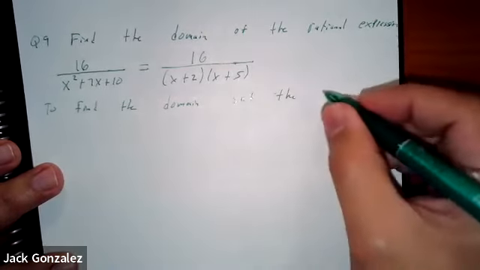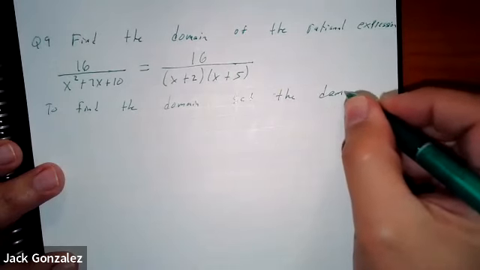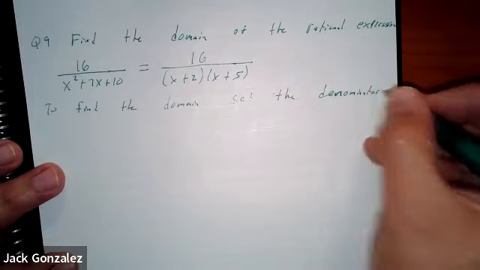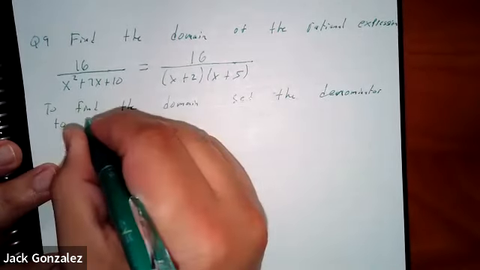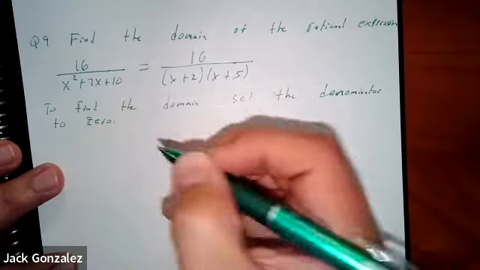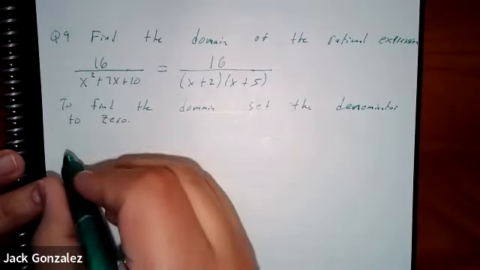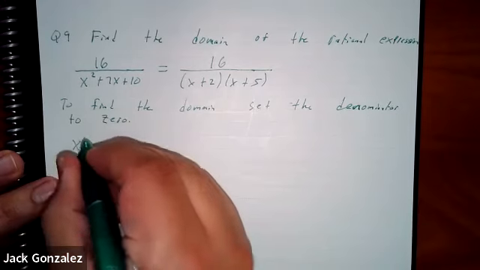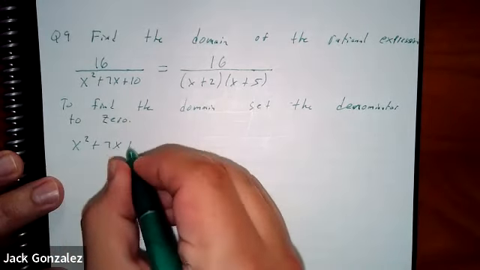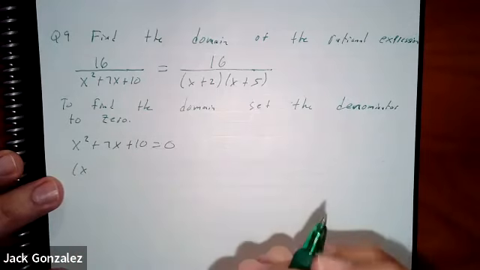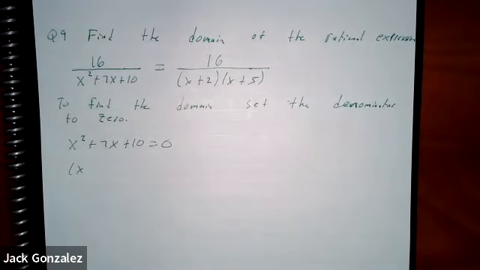So to find the domain, set the denominator to 0. To solve quadratics, you always factor or use the quadratic formula. Those are your only 2 options.